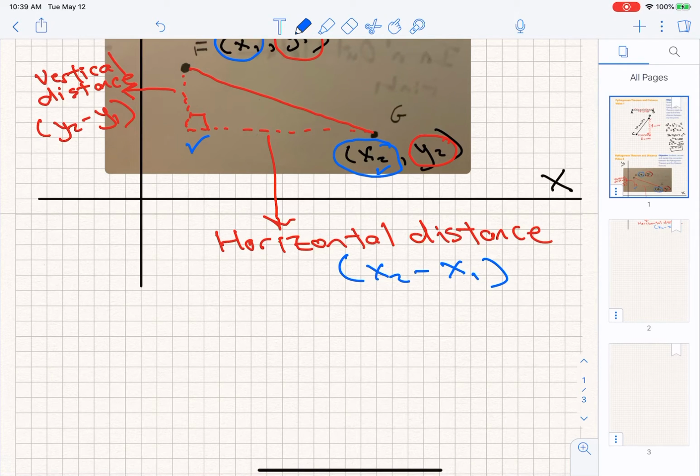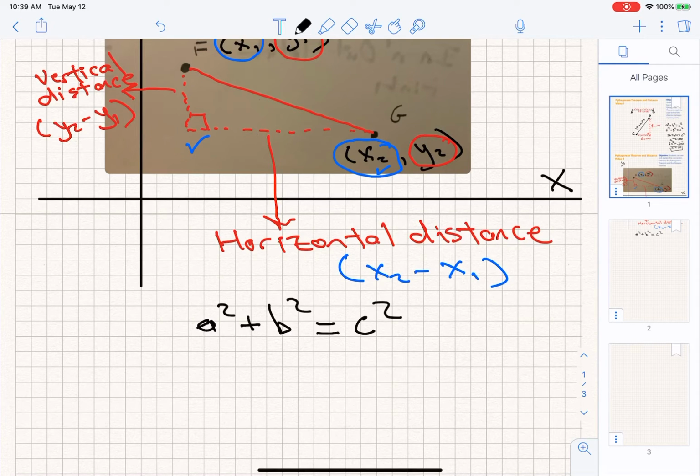So let's go back to the Pythagorean theorem. We have our Pythagorean theorem, which states that a squared plus b squared equals c squared, or more concretely, that the squares of the lengths of the two legs of a right triangle are going to equal the square of the hypotenuse.